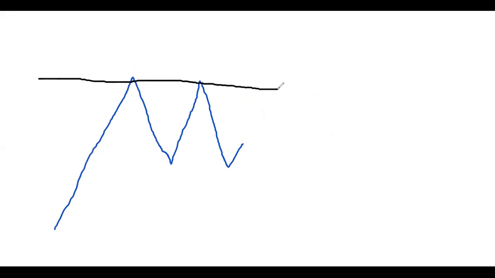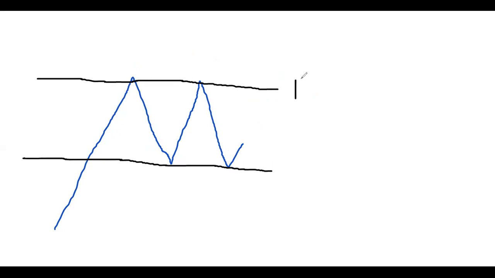Probably you have 1, 2, 3, 4. The same example I gave for the bounce. Very similar to the breakout. Now, let's say I draw my resistance line. I come here, I draw my support line.